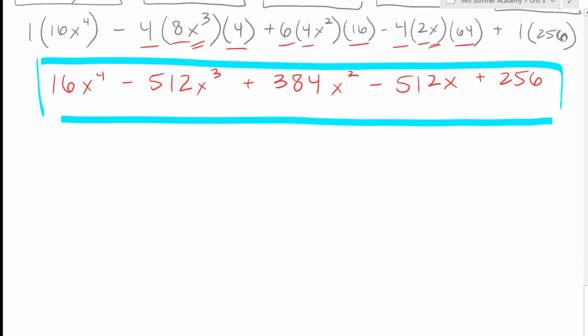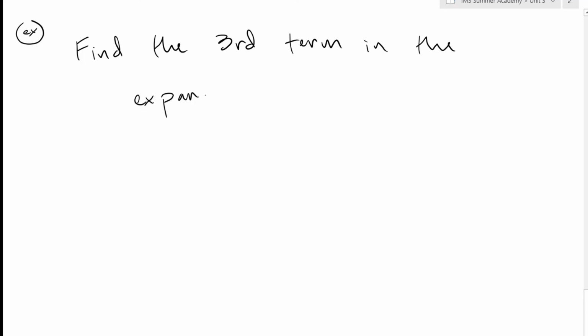One last example. It's a little bit different problem, but we're going to keep the same kind of process up here. What would we do if the problem said find the 3rd term in the expansion of (5x plus 3y) to the 3rd?